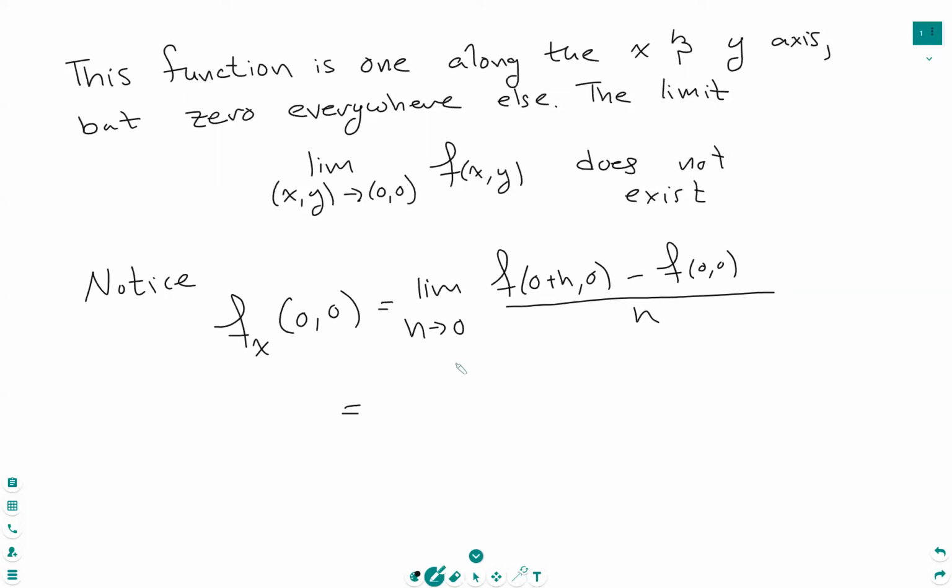This is the limit as h goes to 0 along the trace in the x direction, and we called that g before. So let's write in the side margin here that g of x is equal to f of x, 0.